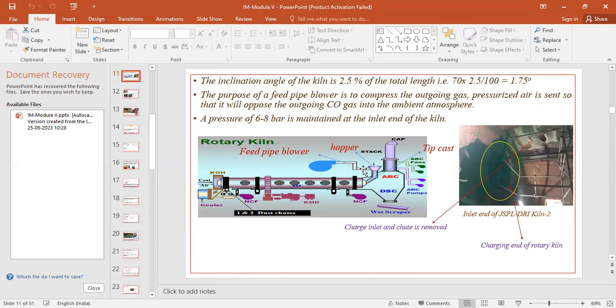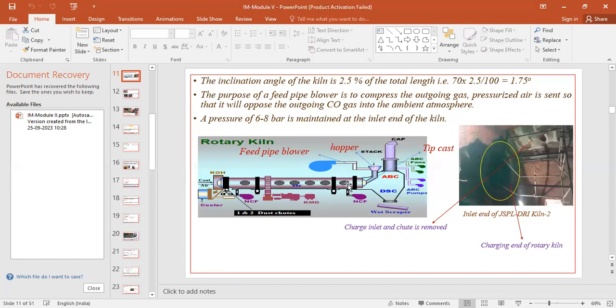And at the other end of this kiln, if you see the feed end side, we have a feed pipe blower. The function of this feed pipe blower, as I already mentioned, is that it will compress the air. This hot air, whatever is traveling in this direction, has to pass in a straight form rather than going outside like this.